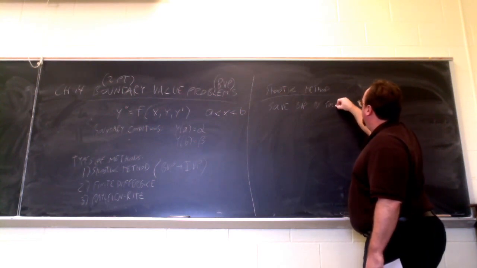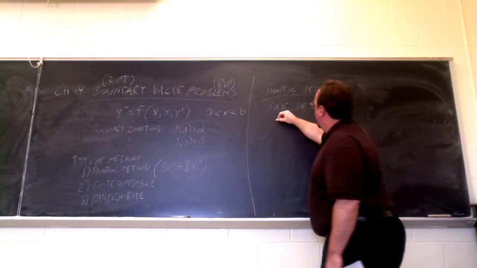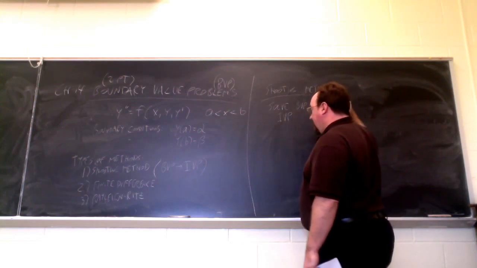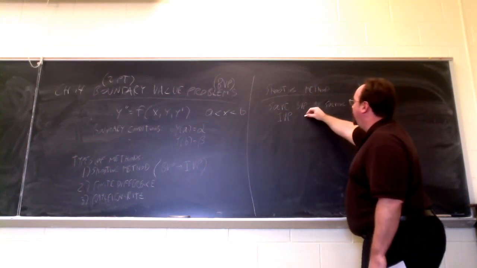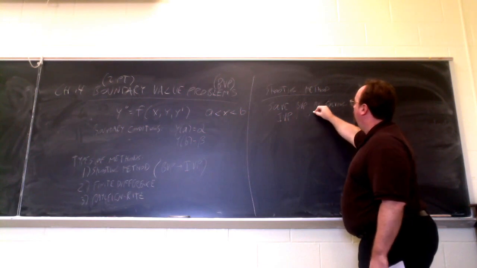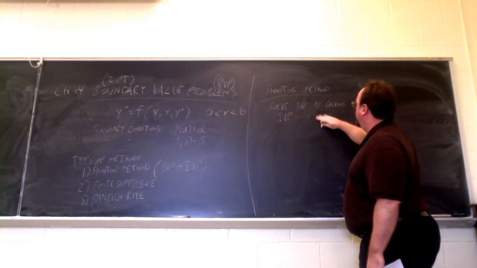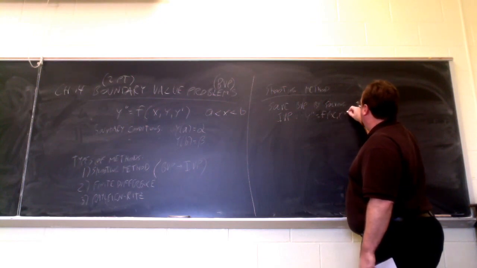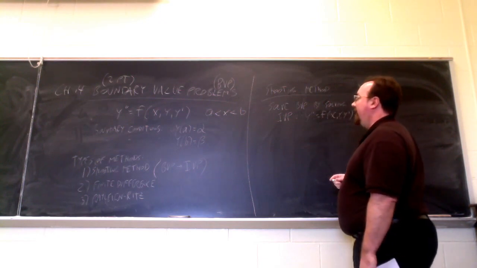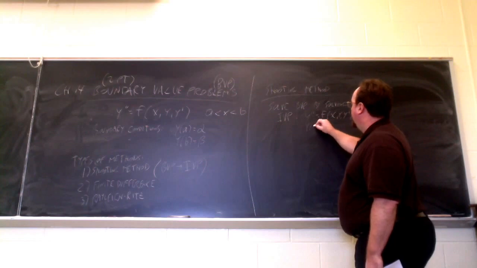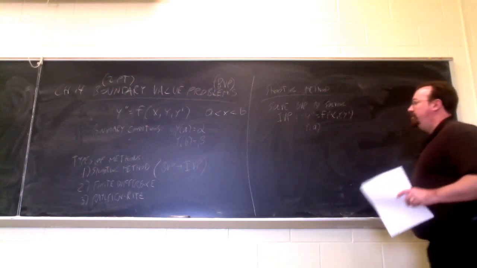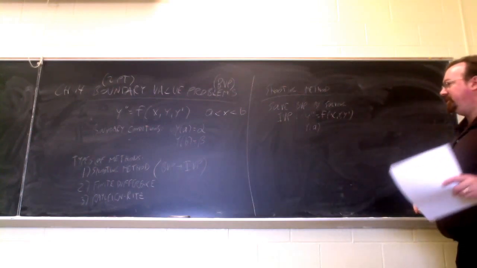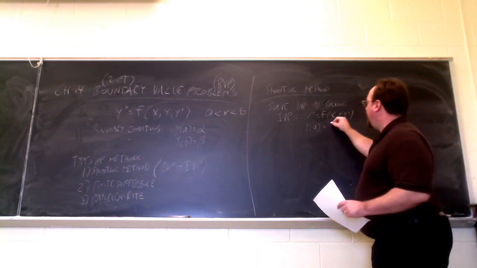By instead solving an initial value problem that has the same ODE, y double prime is f of x, y, y prime, and the same boundary condition at the left endpoint, y of a is alpha.